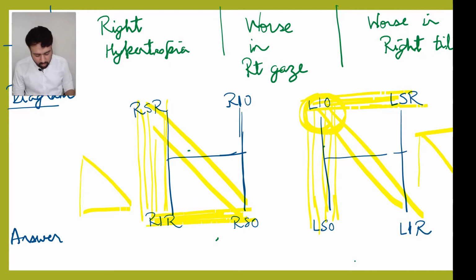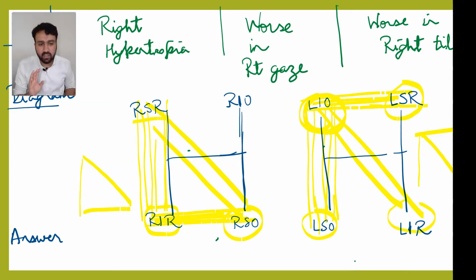Okay. Now a simple way to understand this is that any muscle that is being highlighted 3 times is the affected muscle, right? Here you can see that the right superior rectus is highlighted twice, inferior rectus twice, superior oblique twice, left superior oblique once, left superior rectus once, left inferior rectus once, left inferior oblique thrice.